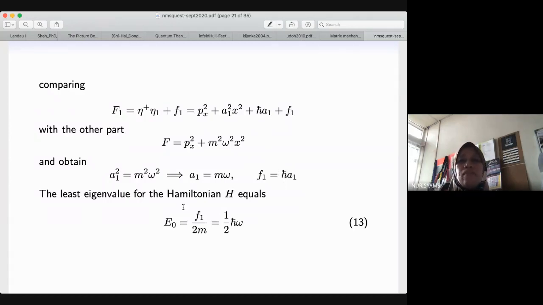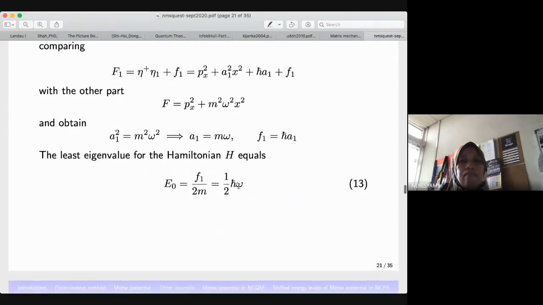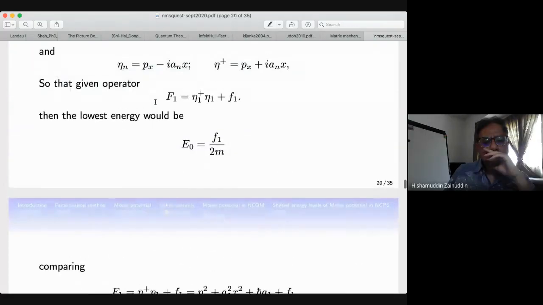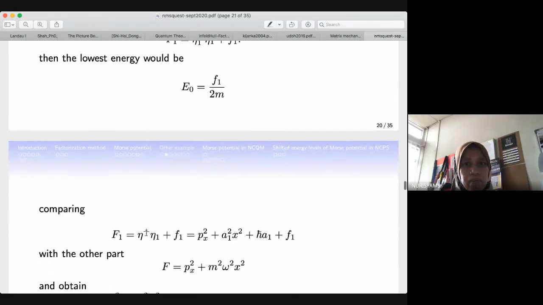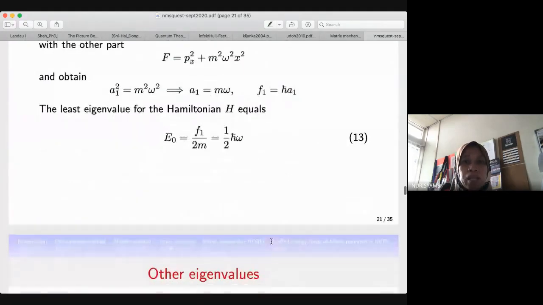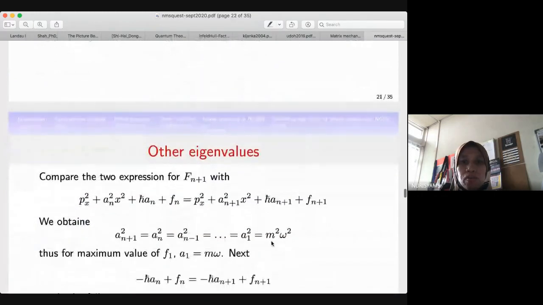But for the least eigenvalue, you have that. It should work, but you have to be careful with that. If I take n plus, I have a minus sign here. If a minus sign is here, then you get it correct. That is the way I do it for other eigenvalues.